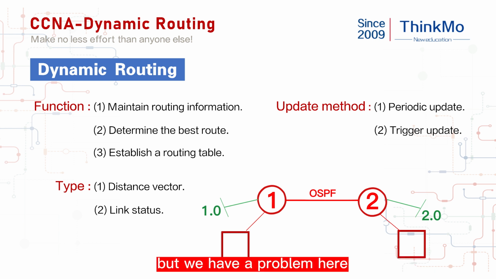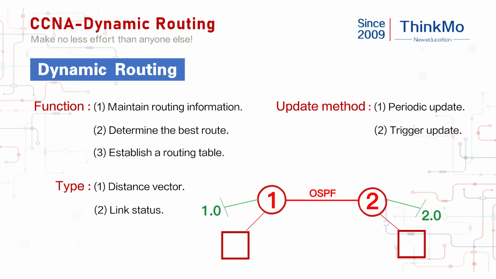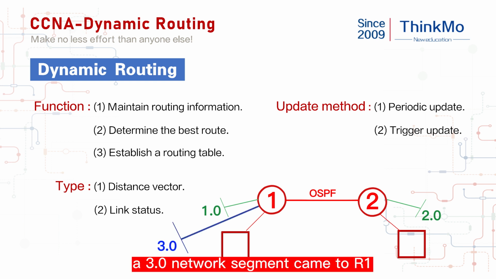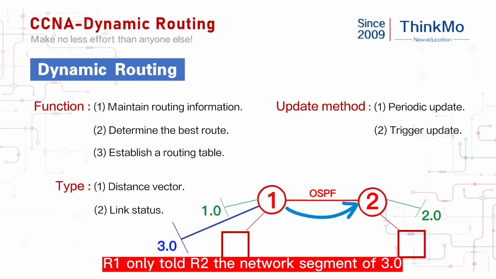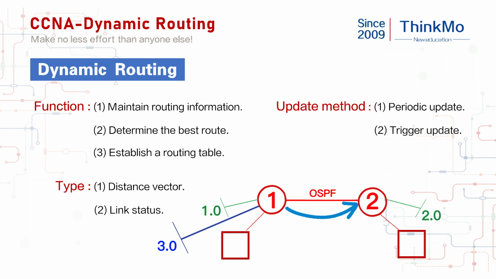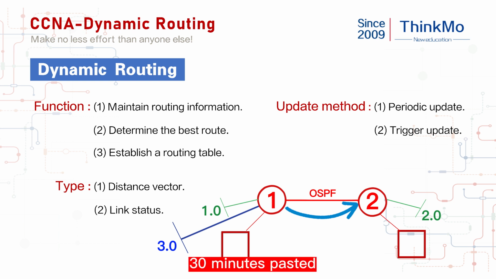But we have a problem here. If in the entire network environment there were only periodic updates, for example, if at some point a 3.0 network segment came to R1, then 30 minutes later R1 would only tell R2 about the 3.0 network segment. This is too slow. It is added at R1 until R2 can finally learn this network segment. 30 minutes passed.